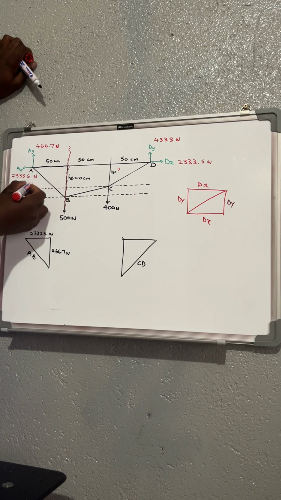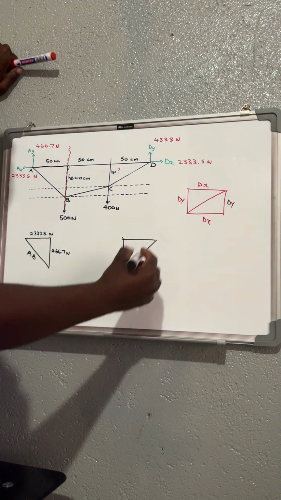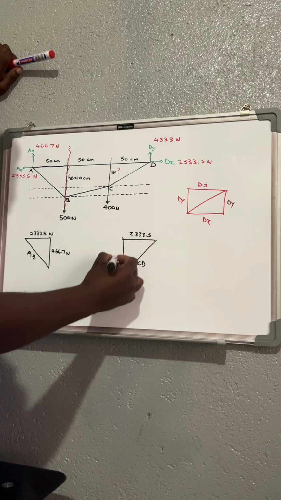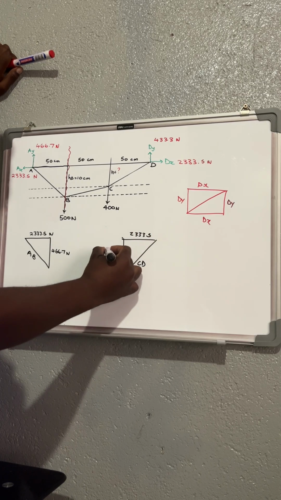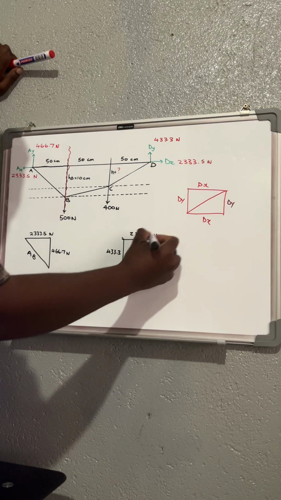We have this square. I have my DY this side and DY that side. Hence, that's why I did something that looks like that. So now you will say your DX is what? It's your 2333.5. Then here you're going to say you have your 433.3. These are all in Newton.